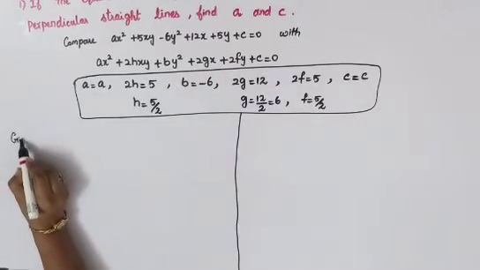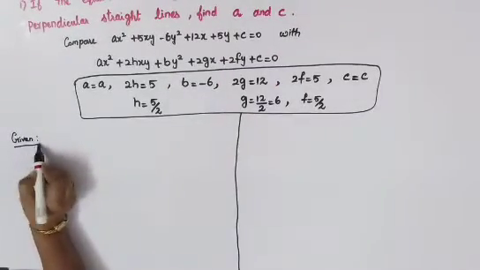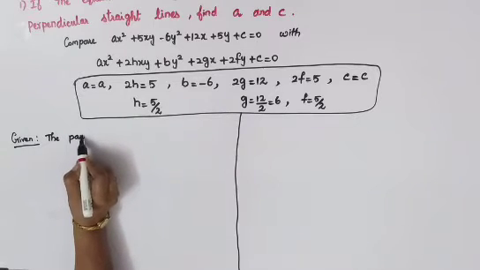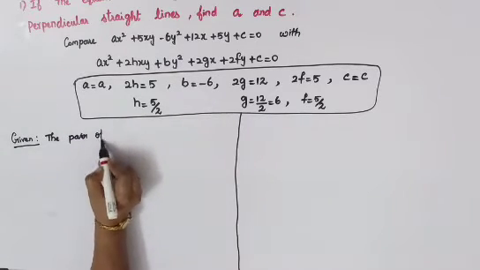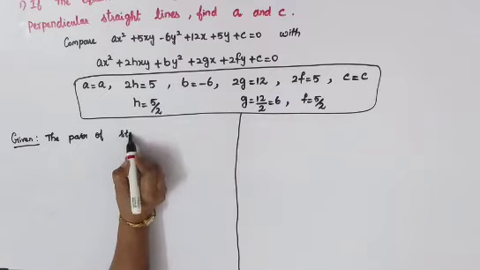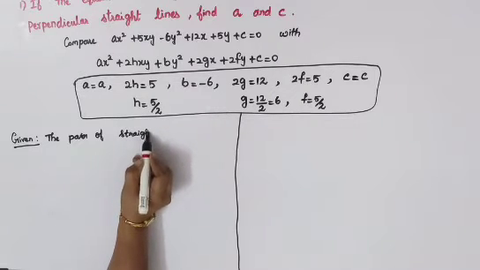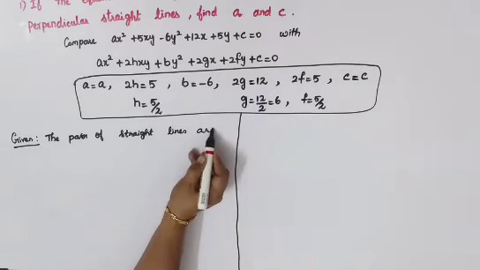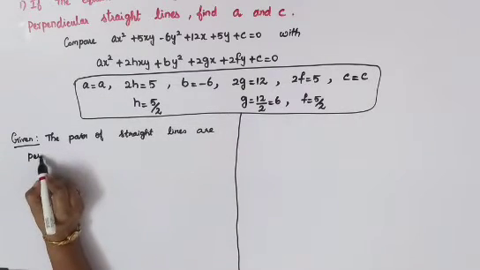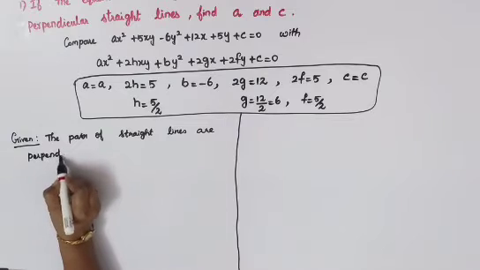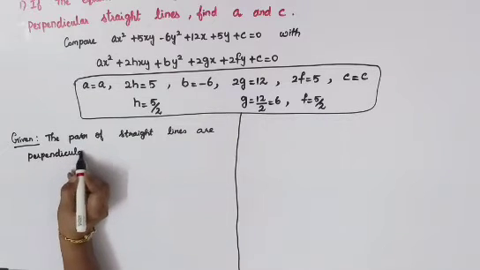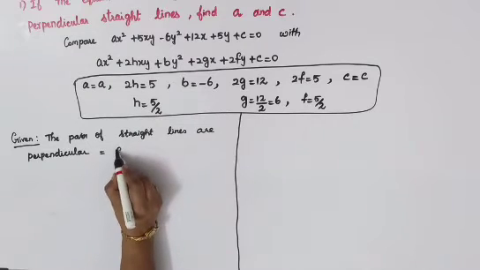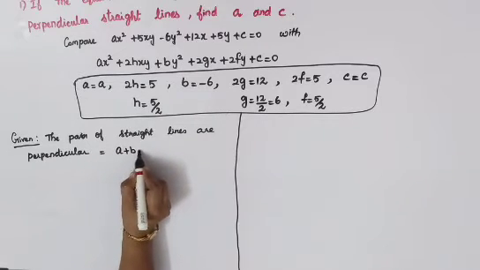So given the pair of straight lines are perpendicular, then the condition is a + b = 0.